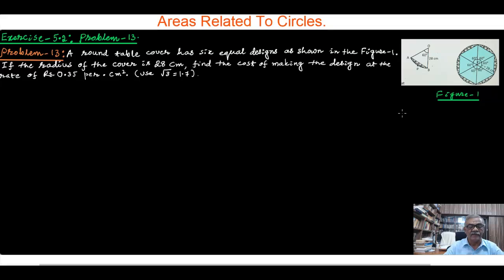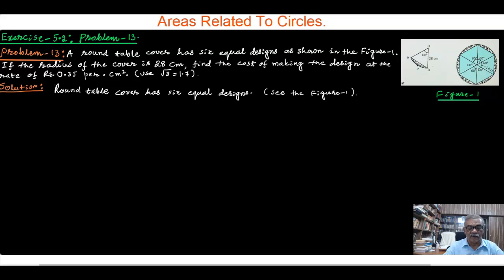Now we have to find out the total cost of the design. The solution: the round table cover has 6 equal designs. See the figure, that is 6 equal designs.